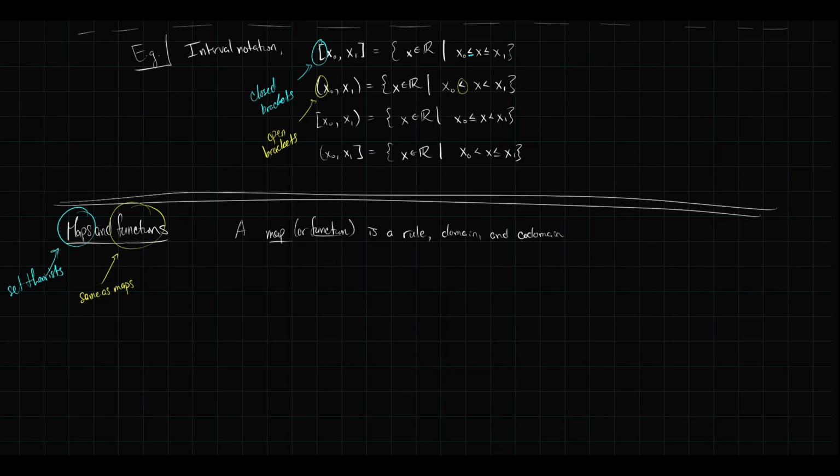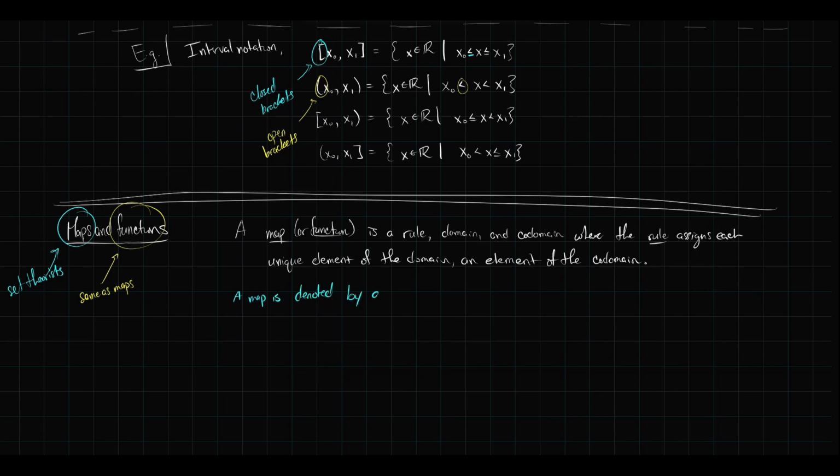Now, we don't know what those are yet, but it's a rule, domain, and codomain, where the rule assigns to each unique element of the domain an element of the codomain. The element of the codomain does not have to be unique here, so that's why I used unique in only one point here.